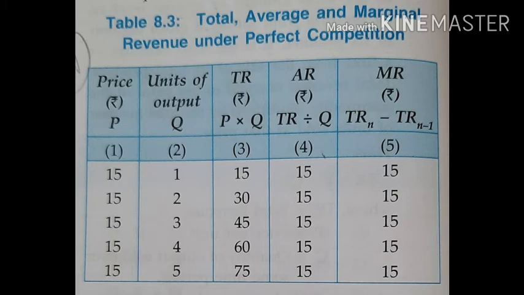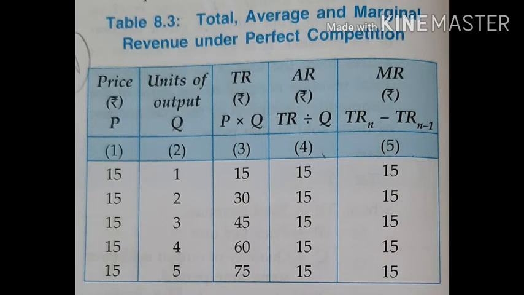Therefore the behavior of and the relation between total revenue, average revenue and marginal revenue will be different under perfect competition as compared to imperfect competition.